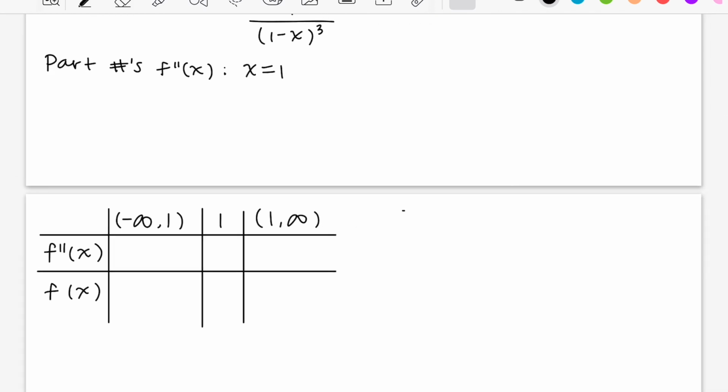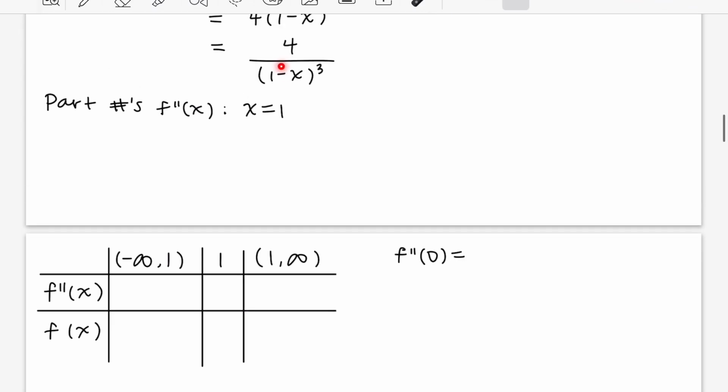Alright, so we'll evaluate our second derivative at 0. Plugging this into our second derivative here, we'll get 4, so this will be positive. So our function is going to be concave up over that interval.